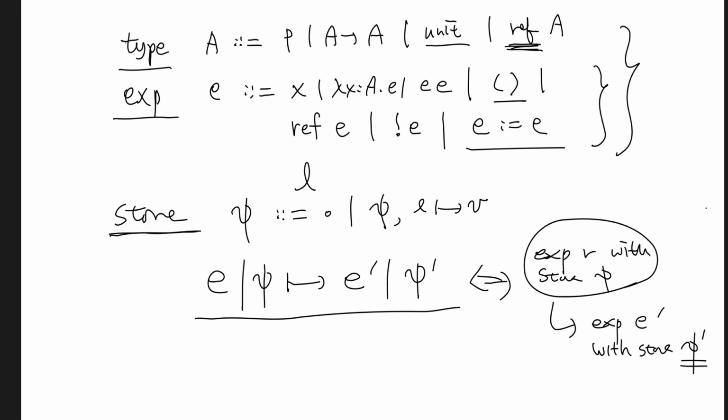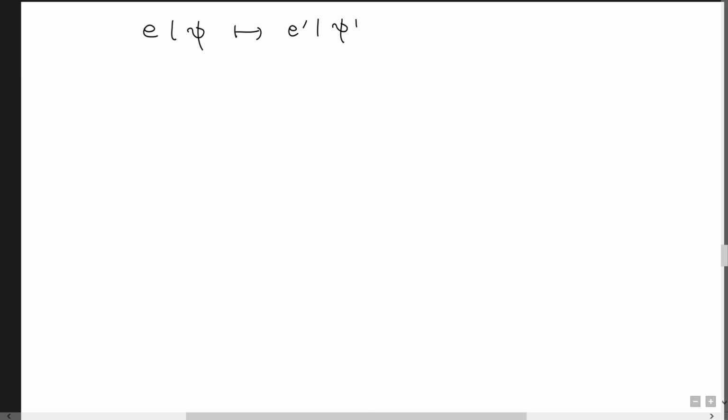So let's see the reduction rules. So remember, the judgment is expression E psi reduced to expression E prime psi prime. So first, the reduction rules for application. The previous reduction rule was: if E1 reduced to E1 prime, then we will have E1 prime E2.